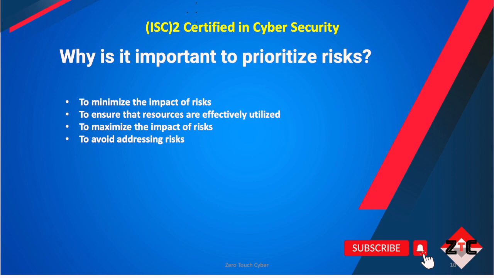The most important thing when we prioritize the risks is to help the organizations to focus their resources on the risks that pose the greatest threat to their operations, to ensure that resources are effectively utilized to mitigate or manage those risks. So the correct option is the second option, to ensure that resources are effectively utilized.